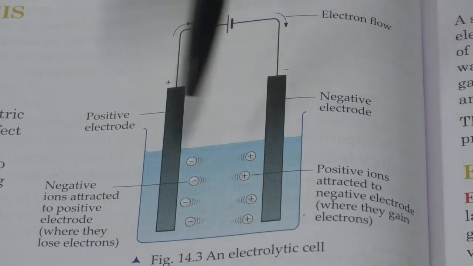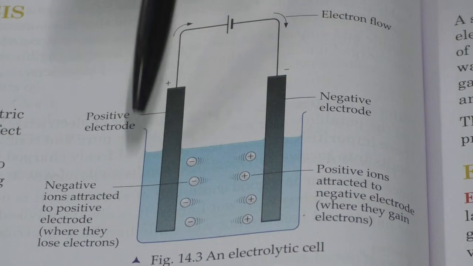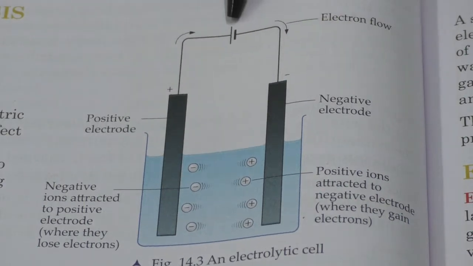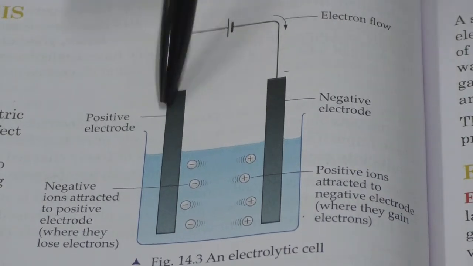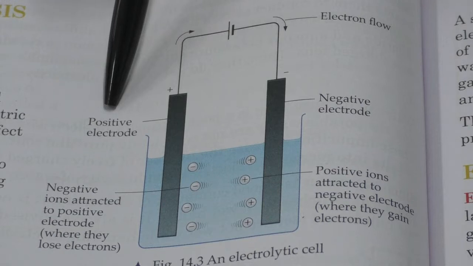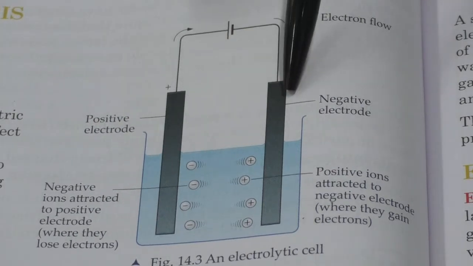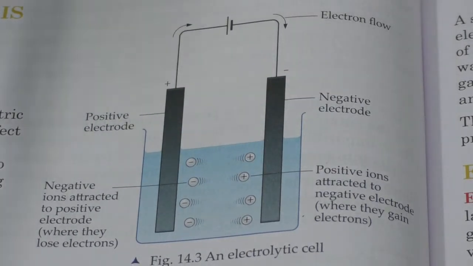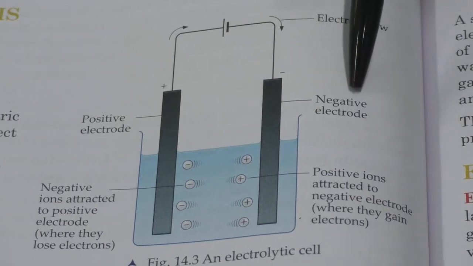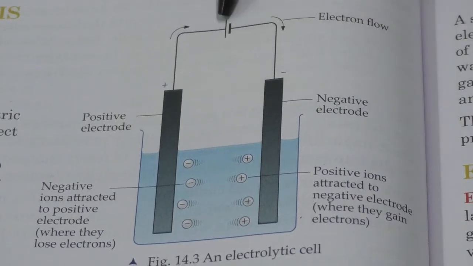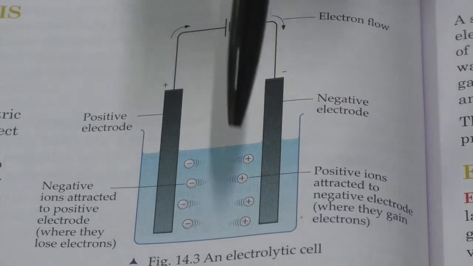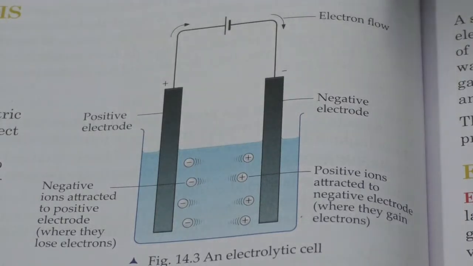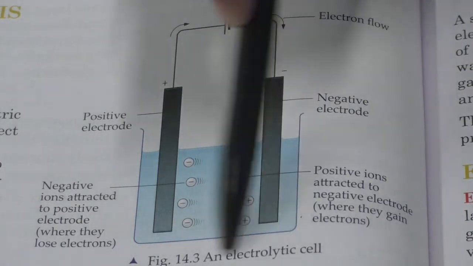One of the electrodes is connected to the positive terminal of the battery, and we call it the anode, whereas the electrode connected to the negative terminal of the battery we call the cathode.